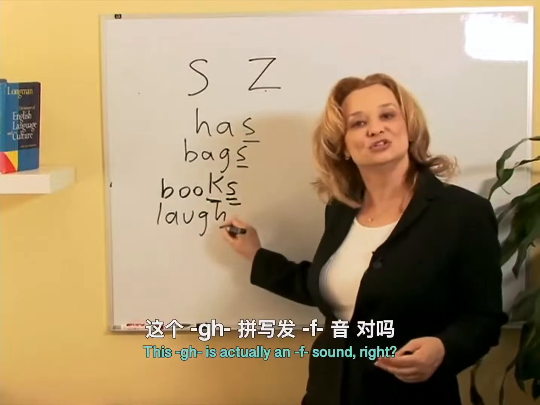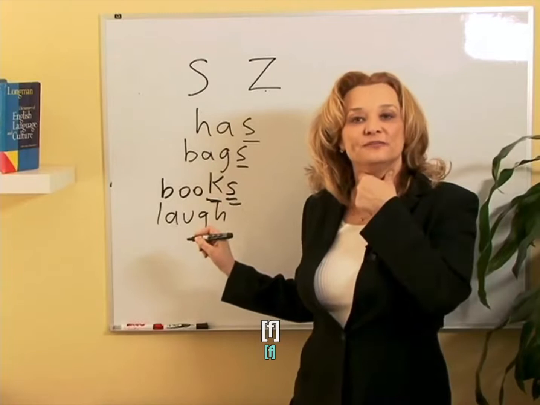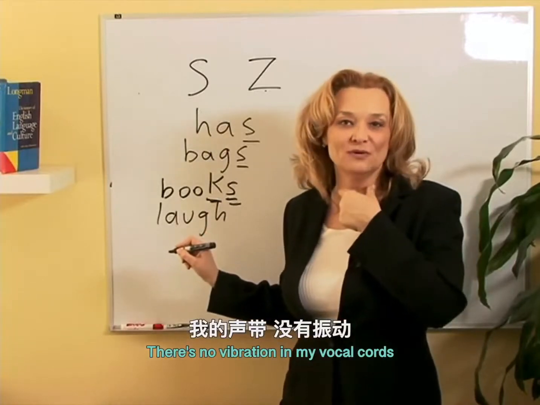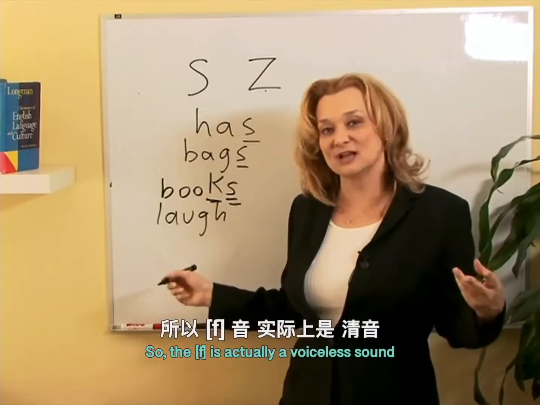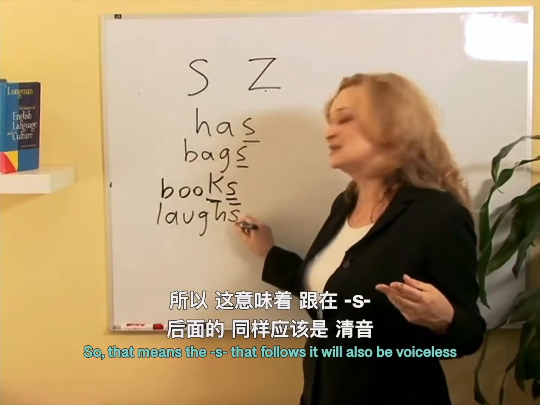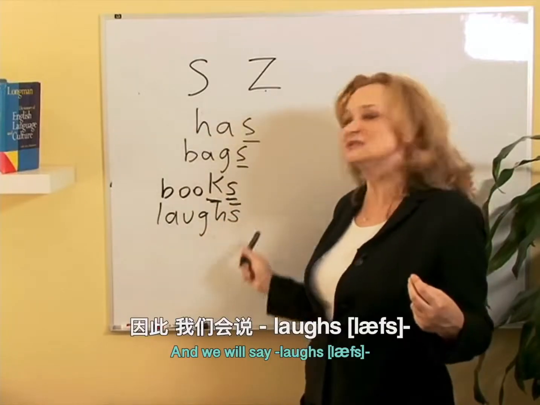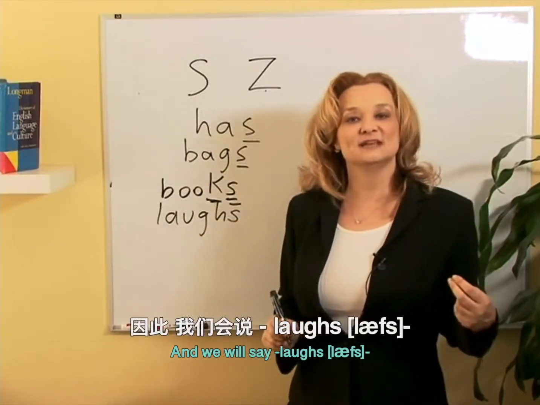This GH is actually an F sound, right? F, f, f. There's no vibration in my vocal cords, so the F is actually a voiceless sound. So that means the S that follows it will also be voiceless, and we will say laughs.